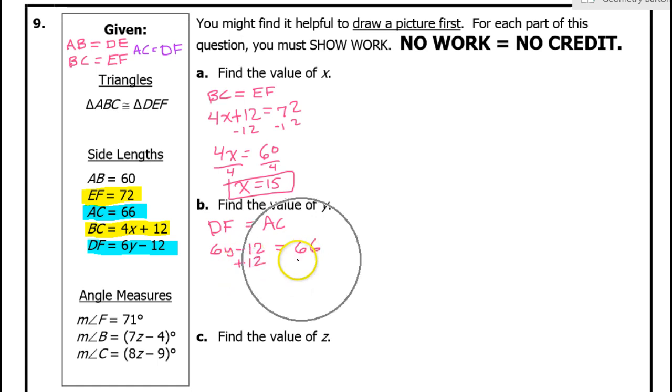So if I add 12 to both sides, that's going to give me 6y is equal to 78. If we divide both sides by 6, we find that y is equal to 13.